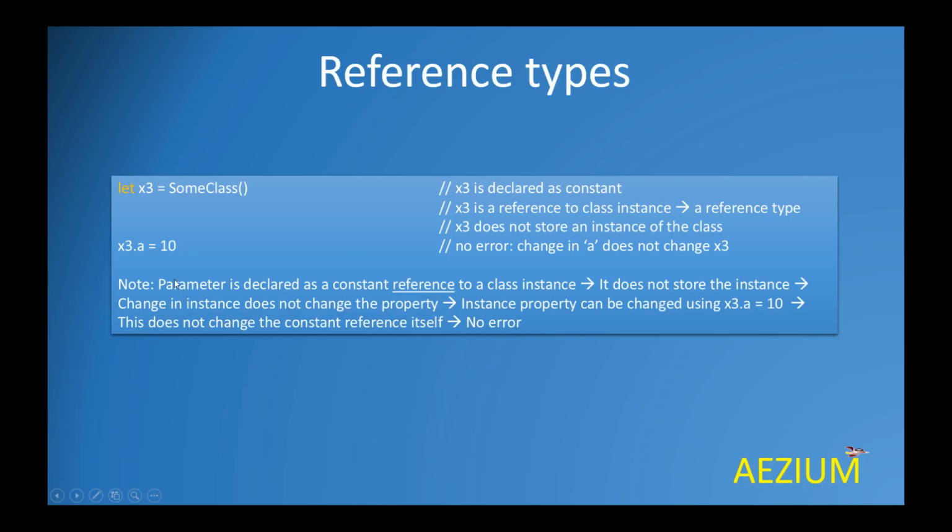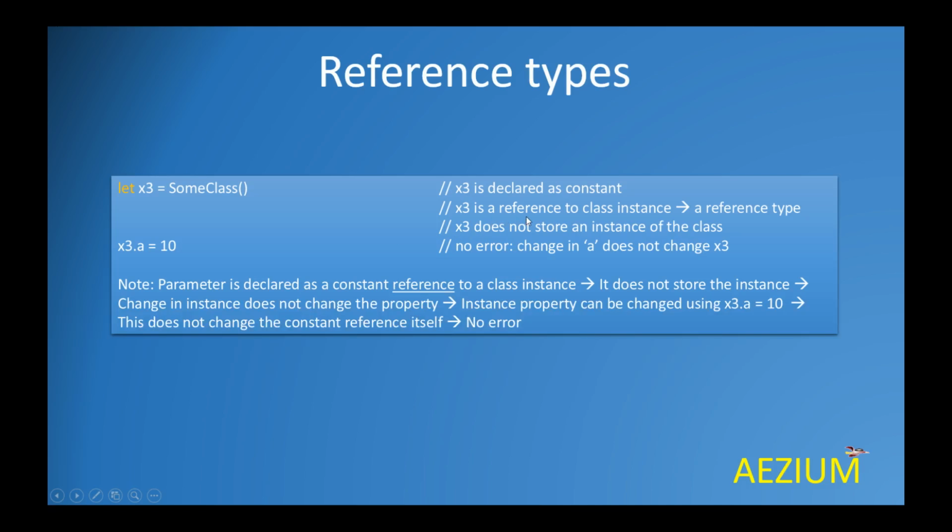Now, like in the previous case, where I mentioned that we could have a parameter declared as a constant, we can declare x3 as a constant and assign to it an instance of a class.